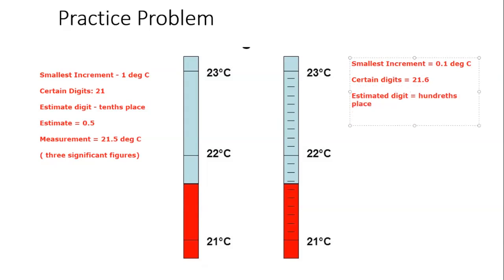And so we can estimate, usually it's a 0 or a 5, so I'm going to estimate 0.05. And so our measurement is 21.65 degrees Celsius. So this has 4 significant figures. So the more precise your measuring device, the more significant figures you would have in your measurement. Also acceptable would have been 21.66, 21.64, 21.67, etc.